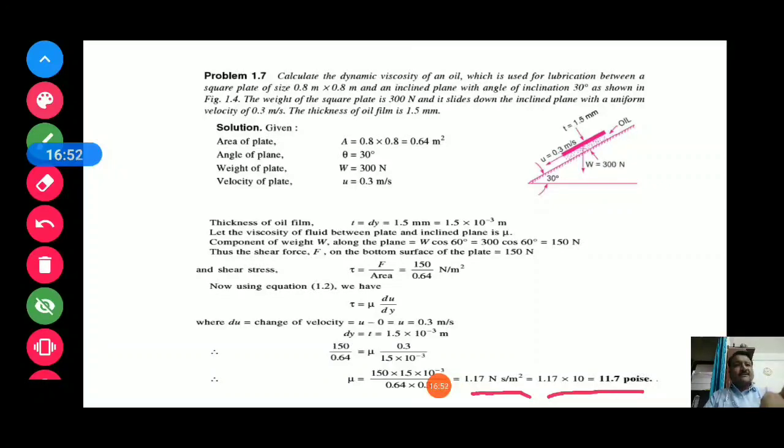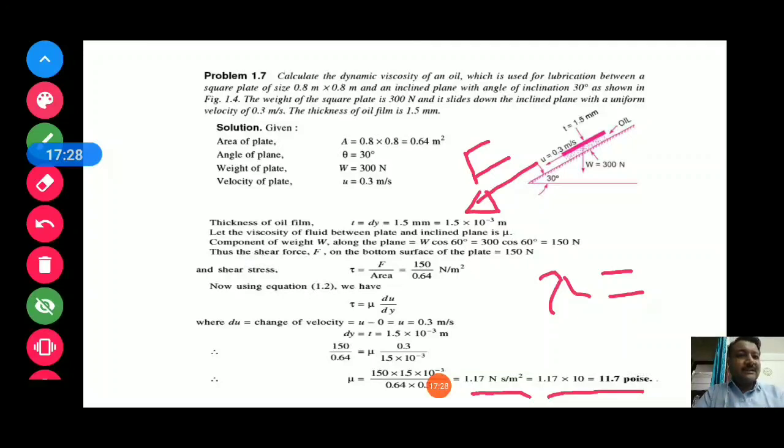Now see the summary of this problem. Firstly, you have to find out the shear stress tau. First find out shear stress, because you know the force. This force you have to take along the plane, you have to consider the weight component, and that is your shear force, that is F. Find first the shear stress.